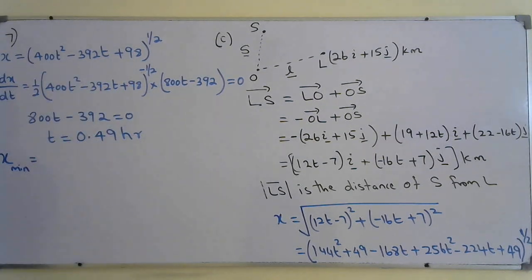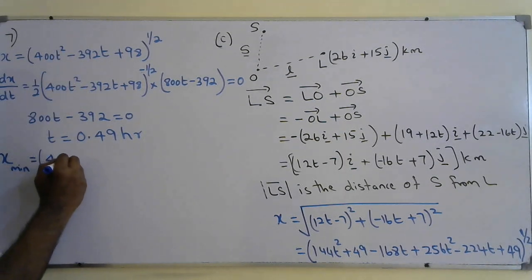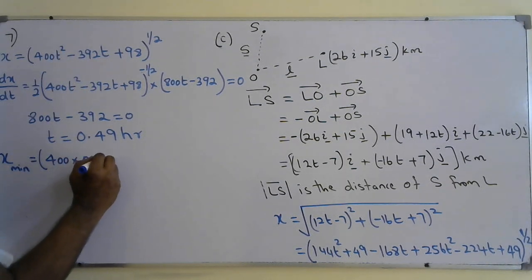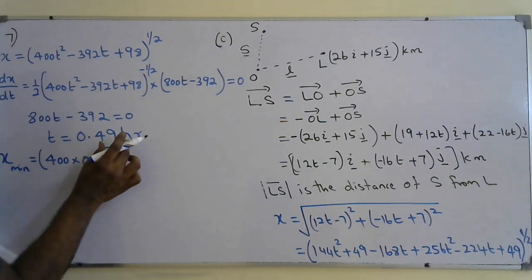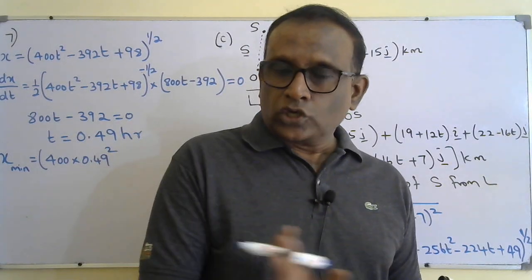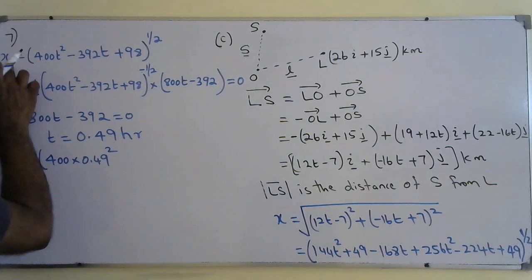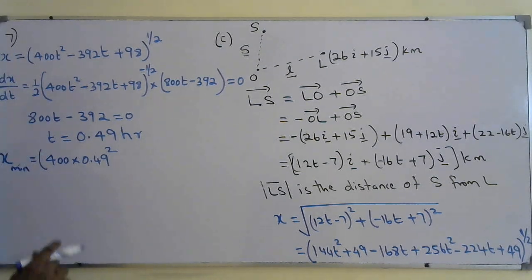The closest distance, we need to find it. So substitute the time, this one in here, that is going to be 400 into 0.49 squared. I'm substituting the time required to reach the point which is closest to the lighthouse, to find the closest distance.